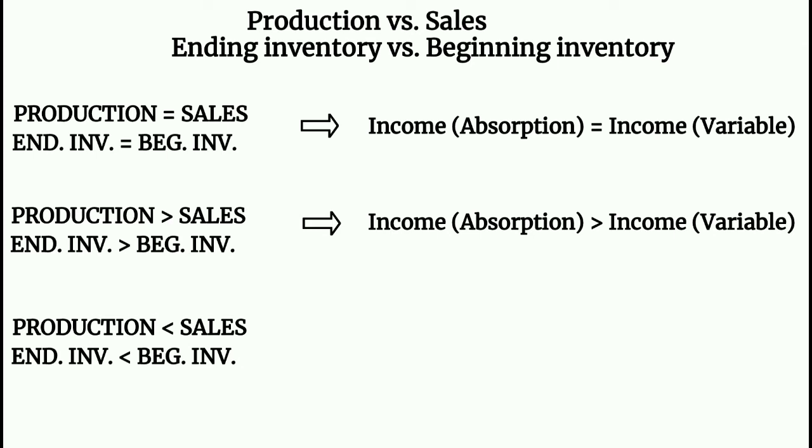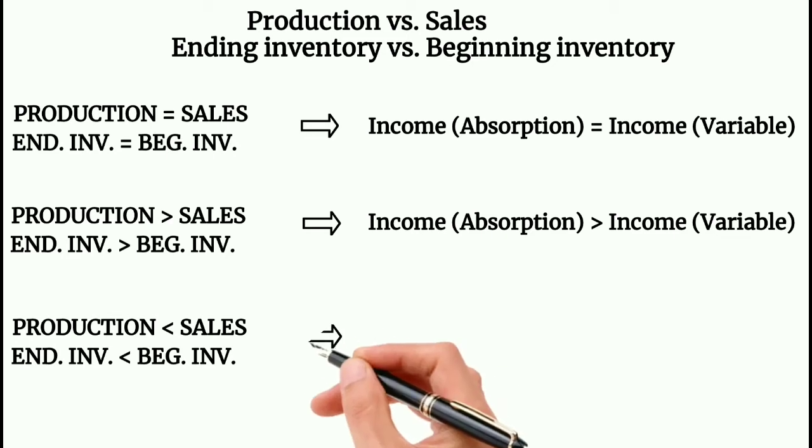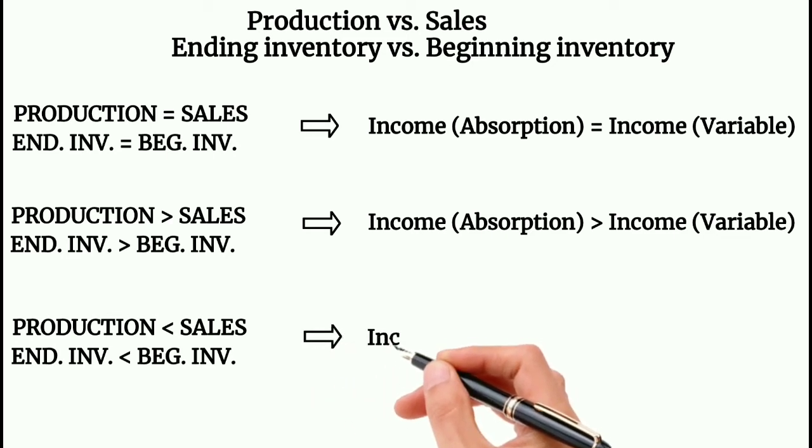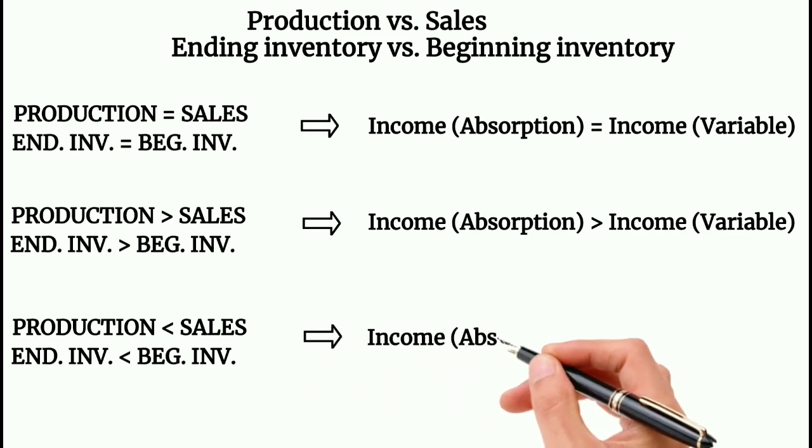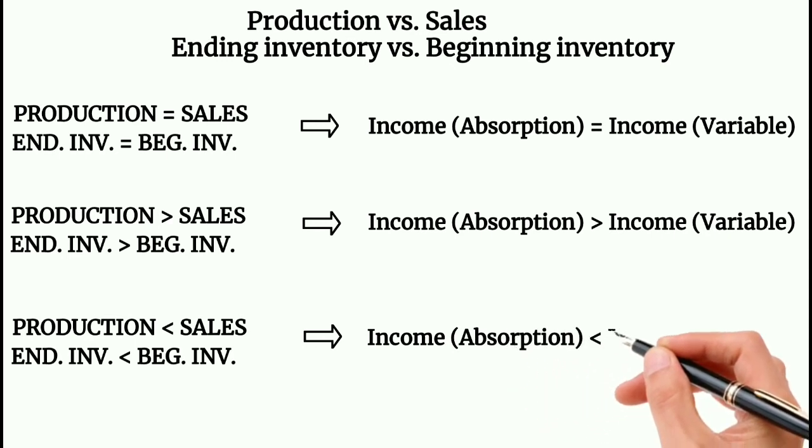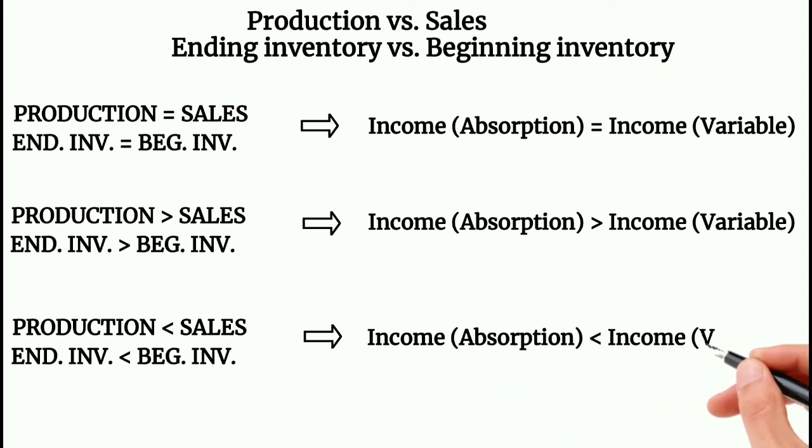Kung ang production ay mas mababa kaysa sa sales and at the same time, yung ending inventory ay mas mababa kaysa sa beginning inventory, yung net income under absorption costing ay mas mababa kaysa sa net income under the variable costing.